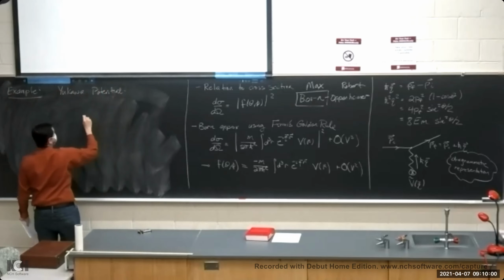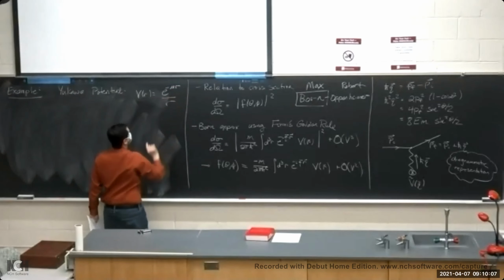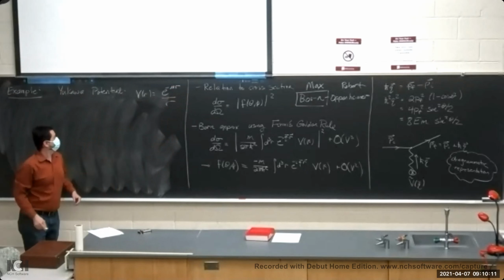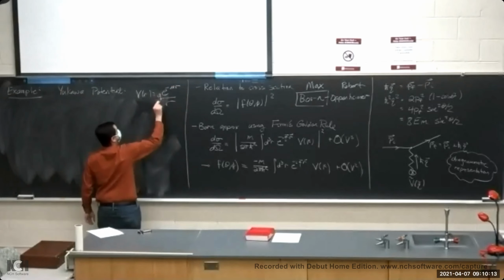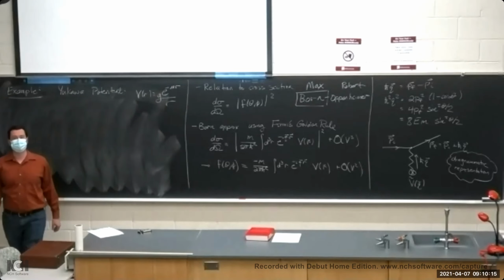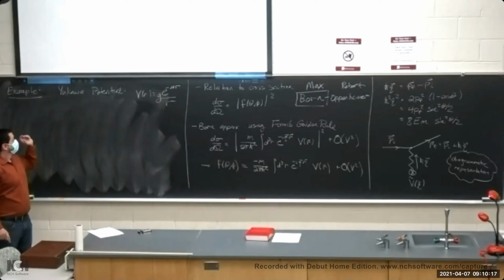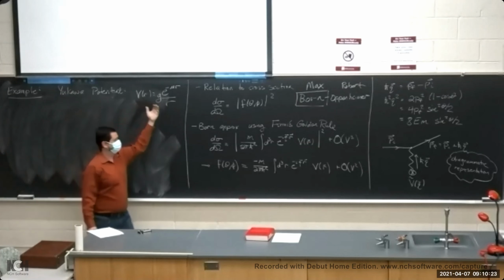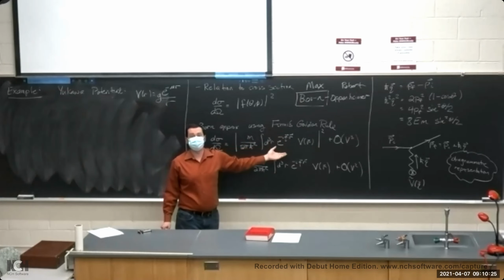V of R is an exponential e to the minus mu r divided by r. In terms of practical application, let me give myself a coupling constant here, some g, to control the strength of it. In terms of practical application, all you really need to do is, if somebody gives you a potential, you Fourier transform it, you plug it in, you're done.